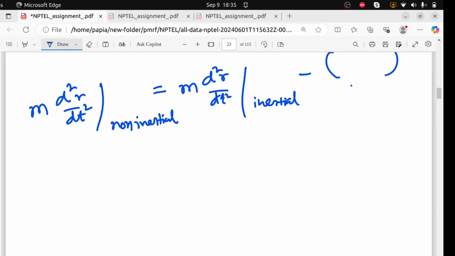So what are the forces here? These are like minus 2m ω cross v. These are the simple rotational ones, but even if there is no rotation, I can still have these expressions.